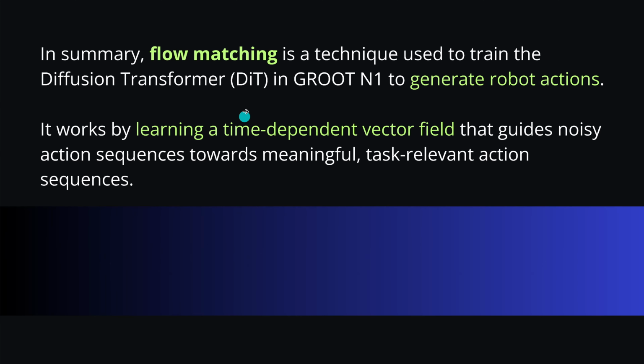If not, flow matching is the interesting technique of this paper. It is used to train the diffusion transformer N1 to generate the real robot actions. It works by learning a time-dependent vector field that guides the noisy action sequence toward meaningful, task-relevant action sequences. Couldn't be easier.